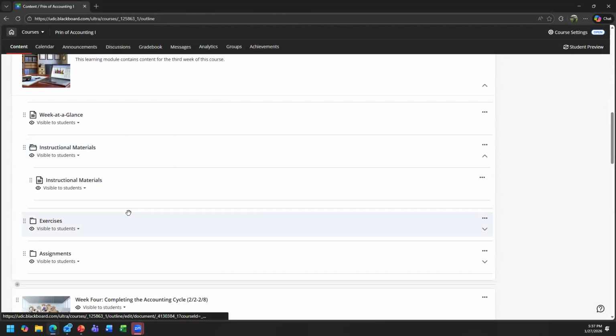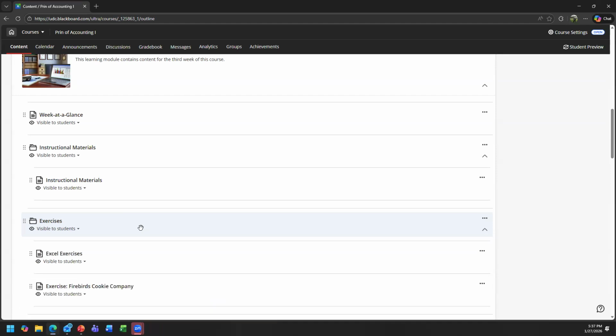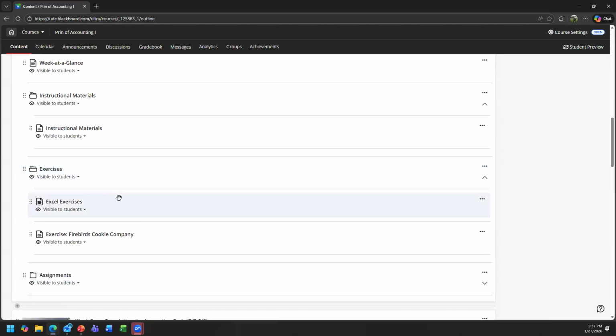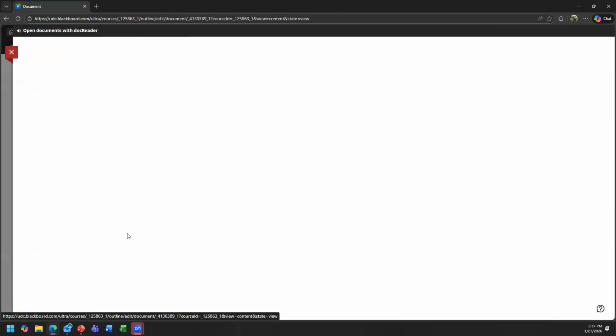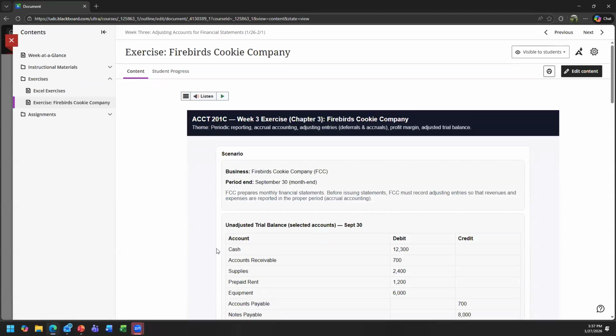And also for this week, for our usual exercises, we have Excel and we have our Fibrous Cookie Company. I know that this doesn't always work the way that it's supposed to, but once again, these are just there for your practice.